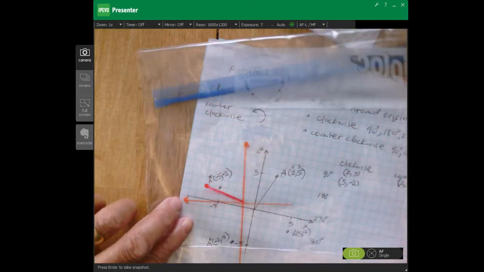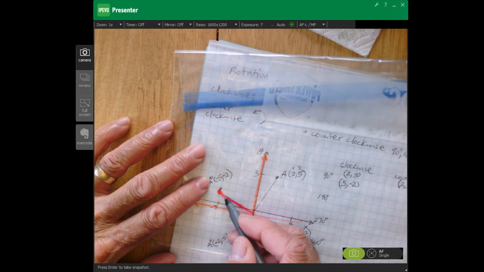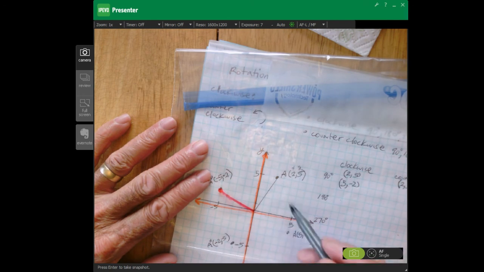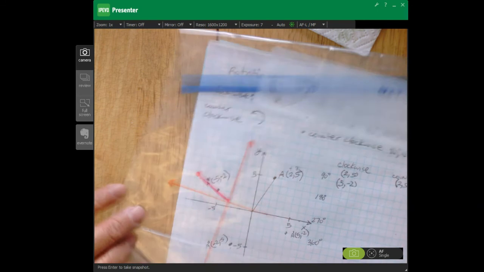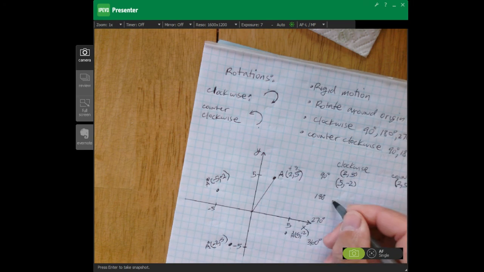Now notice, if we go around this way, that's 270 degrees, right? This is a 90-degree angle here, but this is 270. It went 90, 90, 90. 3 90s is 270. So the first 90, we got 5, -2. The second 90, which is 180, we got -2, -5.